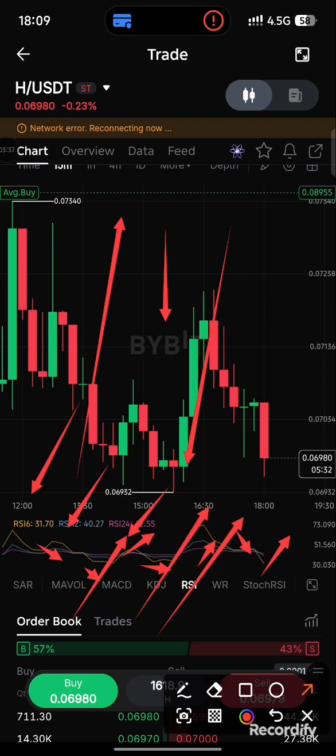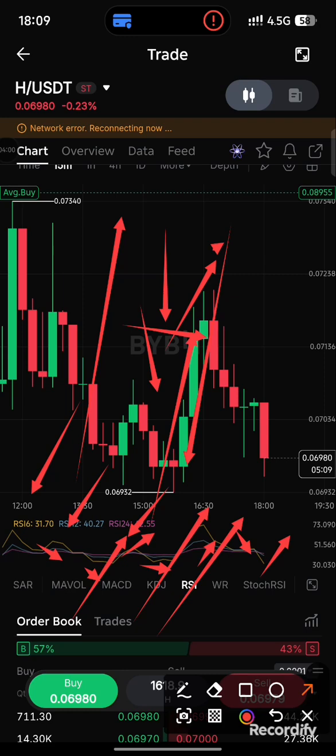You must buy when RSI is below 30. When RSI is below 30, it is oversold, and when RSI is over 70, it is overbought. You must take note of this.